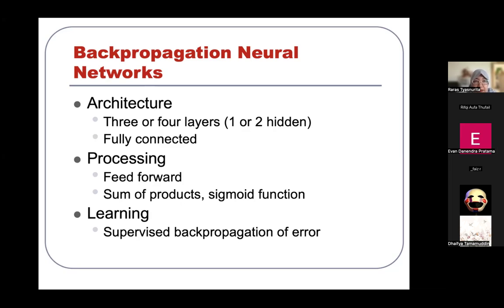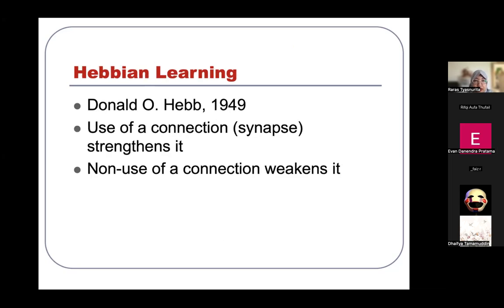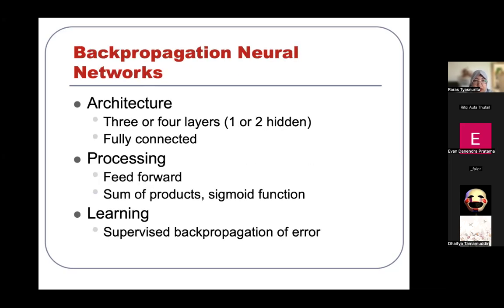For backprop neural networks, we have this. Oh, this is just one example of the architecture. The total number of layers can be 3 or 4, which means you have 1 or 2 hidden layers. It's fully connected, and you do feed forward. This is the sum of the products, and you have the sigmoid activation function. This is the standard one.